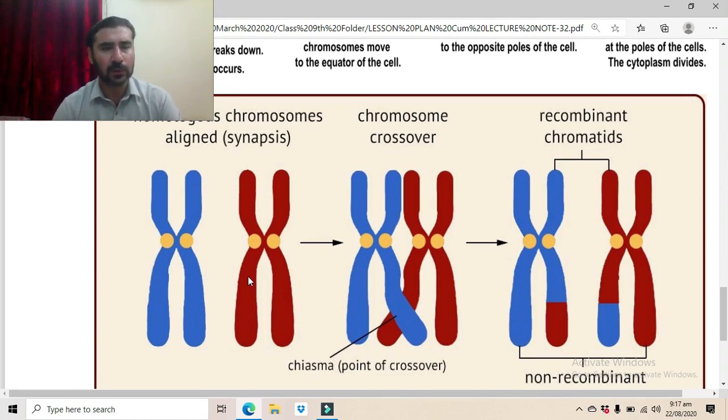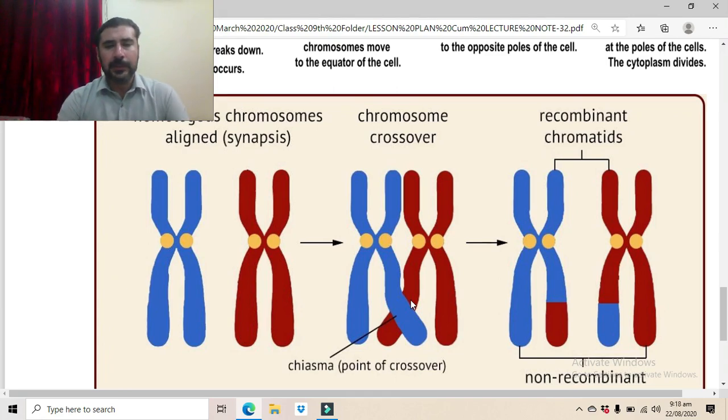Each pair consists of 4 chromatids, so it is known as a tetrad. It is also known as a bivalent because it consists of 2 chromosomes. So it is bivalent or tetrad because it consists of 2 chromosomes and 4 chromatids.